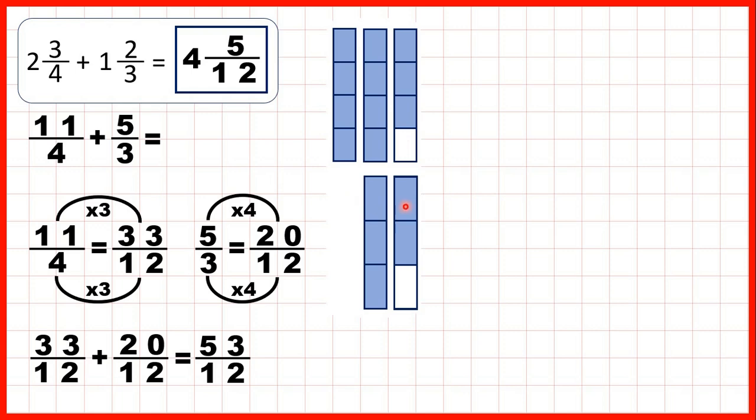But to add fractions, we need the denominators to be the same, so the pieces of our fraction bars are the same size. So 11 quarters is the same as 33 twelfths, and 5 thirds is the same as 20 twelfths. So putting that together gives us 53 twelfths altogether, but that's the same as 4 and 5 twelfths, so that's our answer as a mixed number.